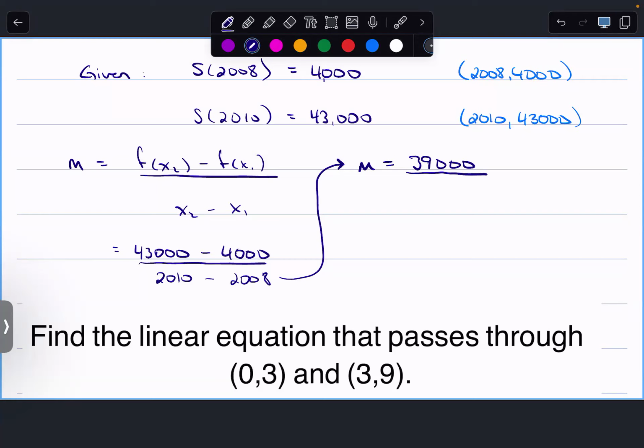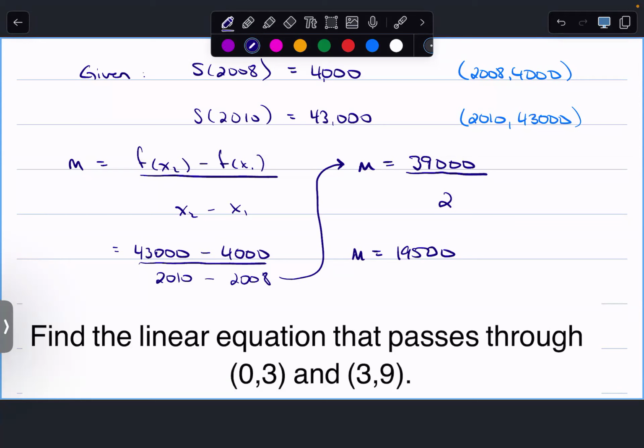39,000 divided by 2. My slope, 19,500. Right? Does that make sense?